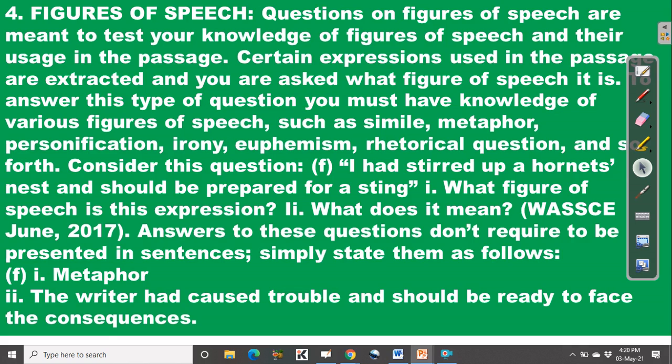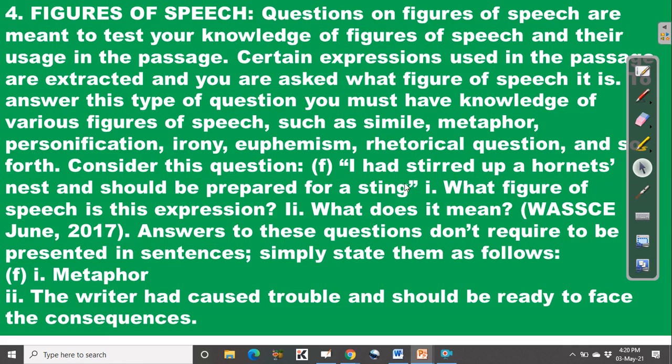You will see that we use literary devices such as metaphor, symbolism, and imagery to figure out the meanings of this figurative language. Now, a figure of speech is figurative language.